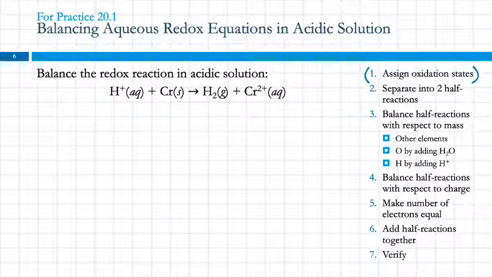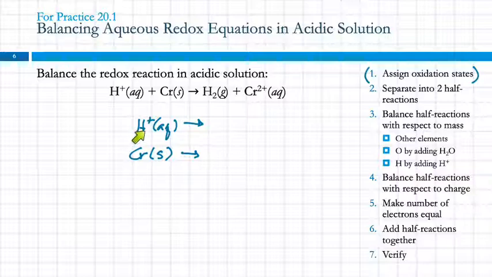So how do I break this into two reactions? Well, this one's pretty simple because there's only two reactants. So one reactant will be the reactant for one, and the other will be the reactant for the other. So I'm going to make two equations here. One of them will be hydrogen reacting, and one of them will be chromium reacting.